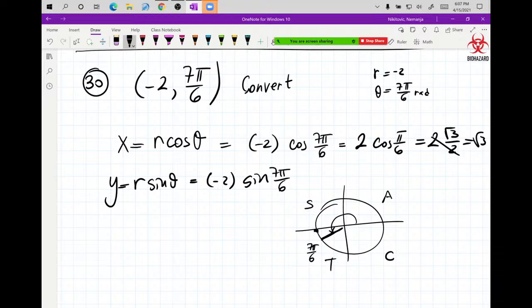So now, actually we can compute this, hold on. That's a -2, and then sine of 7 pi over 6 will be a negative, so that's going to kill this negative. The reference angle for 7 pi over 6 is pi over 6, and sine of pi over 6 is 1/2. So -2 times -1/2 equals 1.